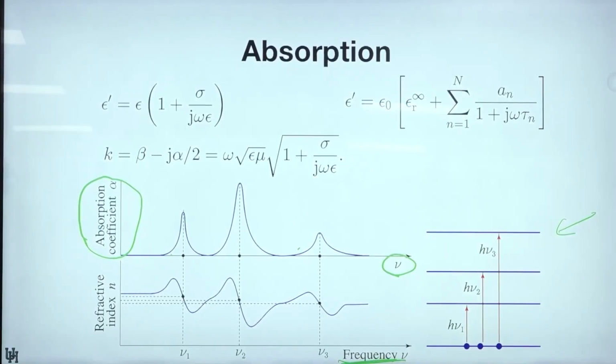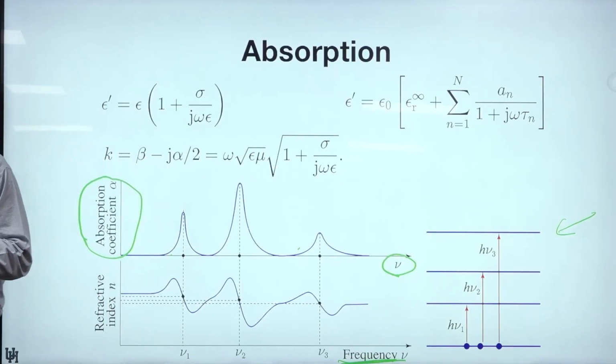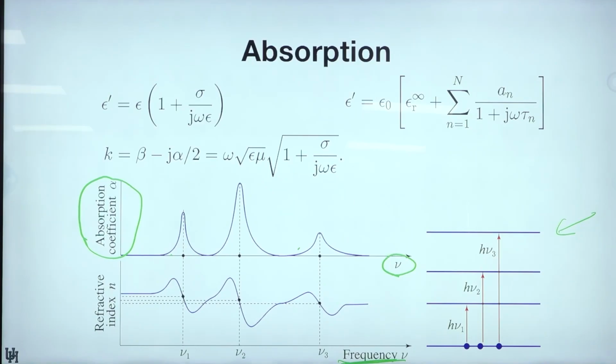As you might remember from your elementary physics, an atom has electrons that can live in different levels. There are multiple levels in which an electron can live. If an electron is at one level and light is incident, the electron could absorb that light and go to a higher electronic level, and that is absorption of light.